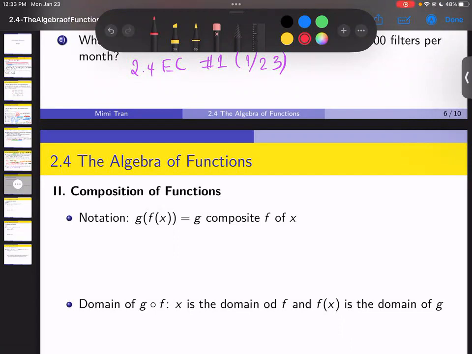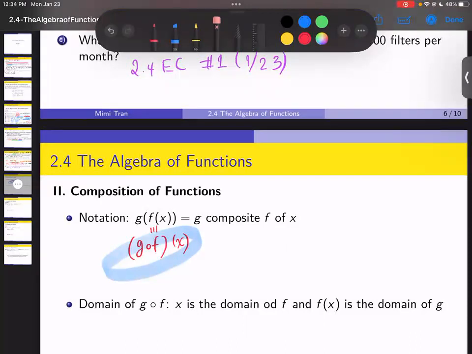Another funny looking notation for composite function is this: G, and then a little funny dot, F of X. It's not multiplication, okay? Multiplication uses one solid dot. Here you have a hollow dot, it means composite. On the exam, that's how I write it. And your job is to be able to interpret it. What does that mean, right?